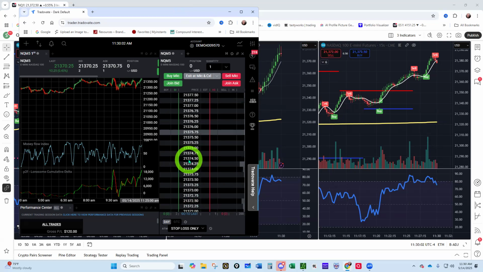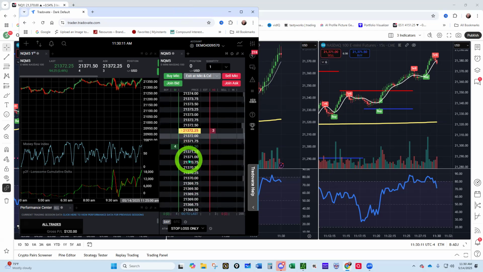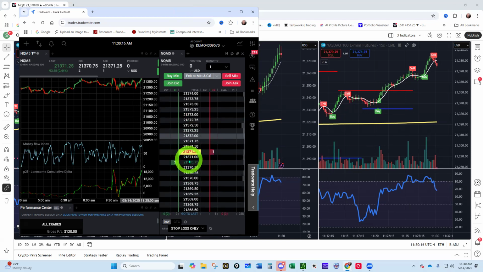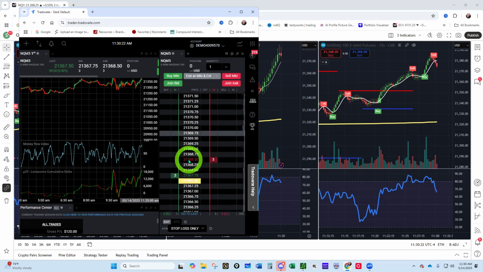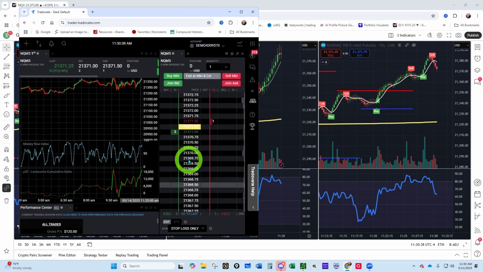Sell on the 15. Money flow pointing downward. And look at that, a sell signal.